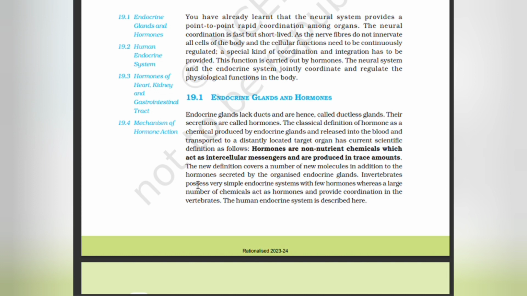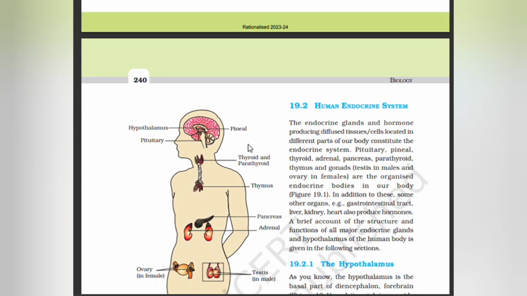The new definition covers a number of new molecules in addition to the hormones secreted by the organized endocrine glands. Invertebrates possess very simple endocrine systems with few hormones, whereas a large number of chemicals act as hormones and provide coordination in the vertebrates. The human endocrine system is described here.